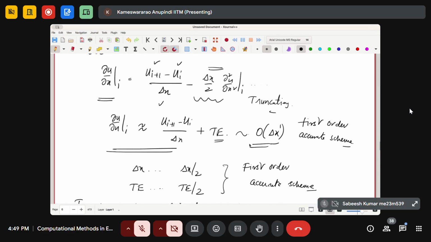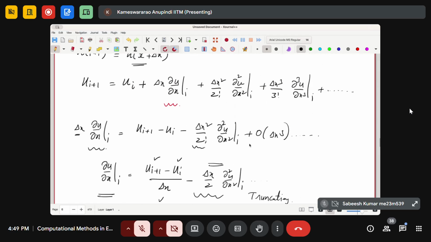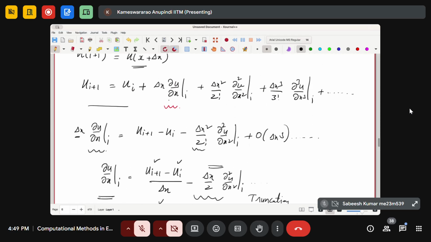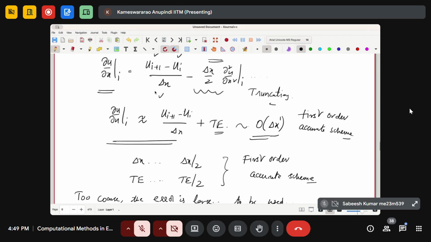In this case, it was very simple because we have the Taylor series expansion, and then we could find what is dou u dou x by simply sending the things to the left hand side. But it is not always so.